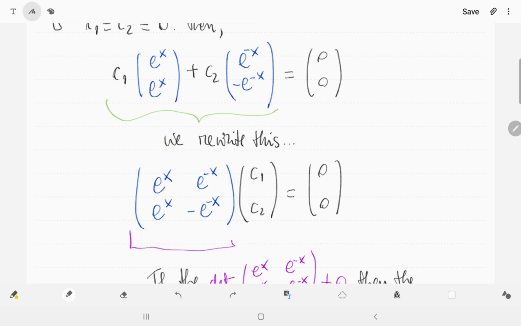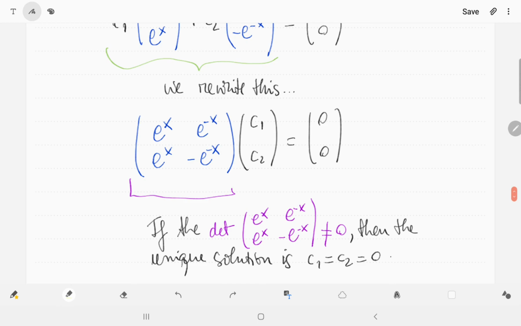And an easy thing to do is to check that this matrix has determinant different from 0. Because in that case, we can invert this matrix, and that means that the unique solution is the vector C1, C2 equal to 0. And that's what we are going to do.